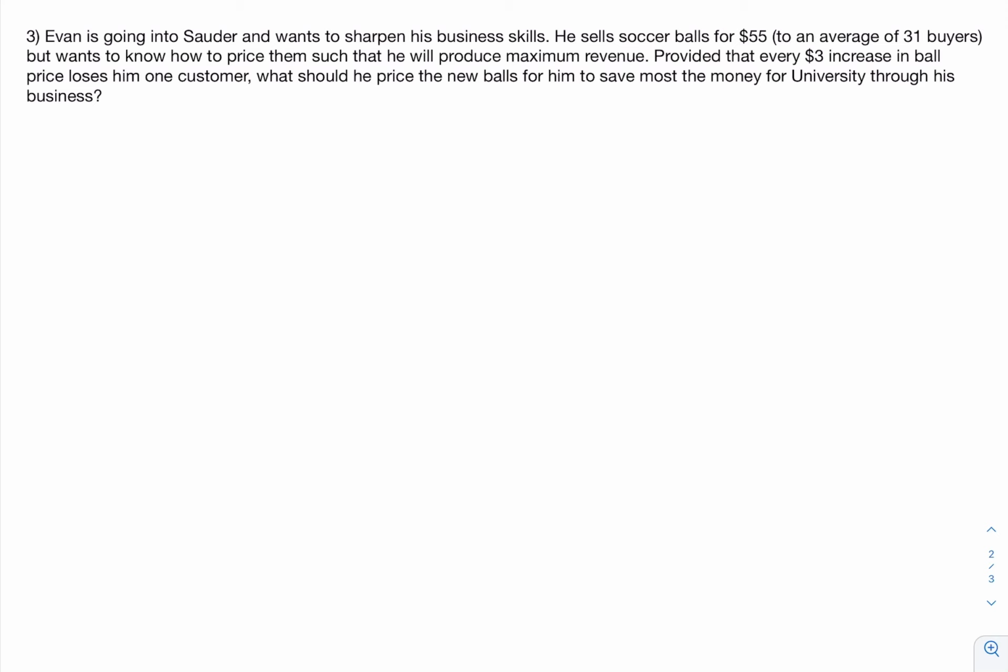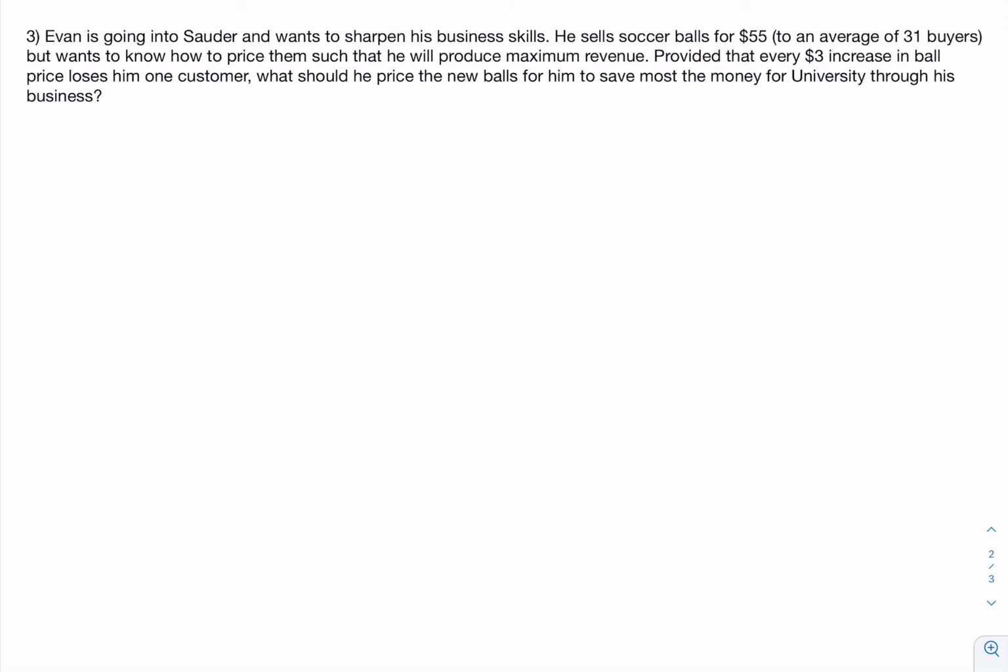So this question is all about optimizing the ratio between number of customers and price. Anytime you increase the price of something, it typically lowers the number of customers you bring, and anytime you decrease the price, it increases the number of customers because people want to buy cheap stuff. So this is all about balancing that ratio.